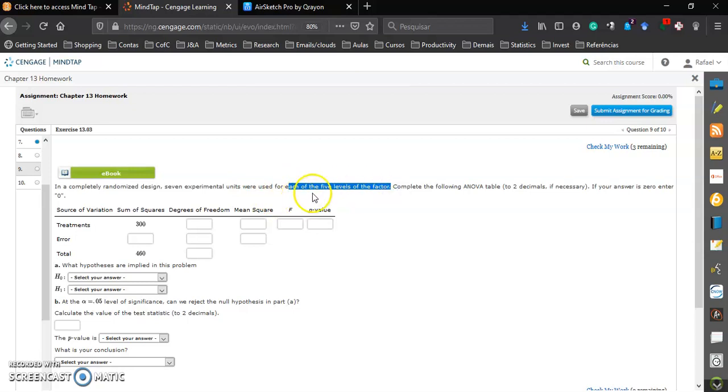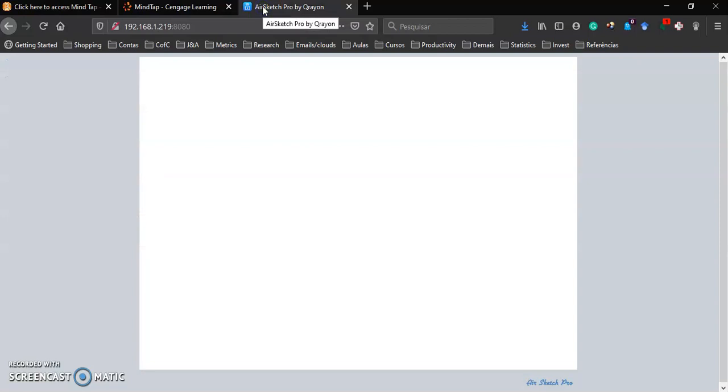So how many groups do we have? We have 5 groups, 7 people in each one of the groups. So how much is the sample size? Let me just show you how to work on this one. I don't want to solve it, but I want to be able to show that's a piece of information you need.